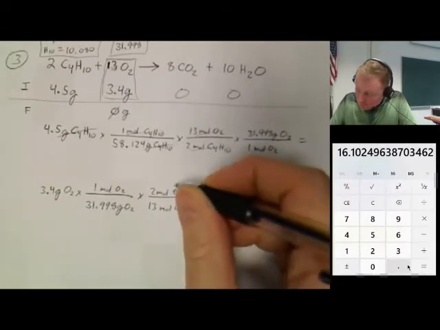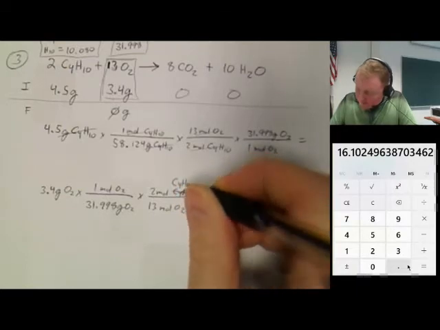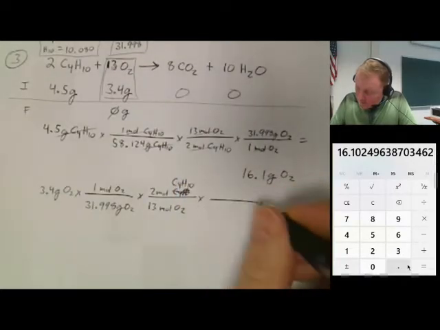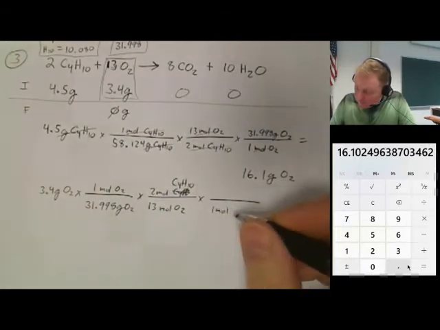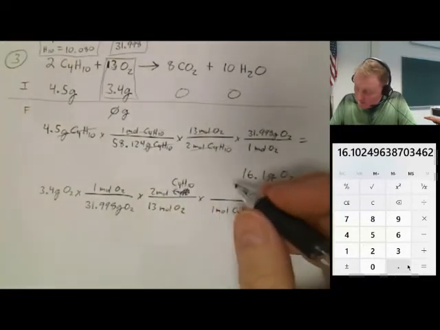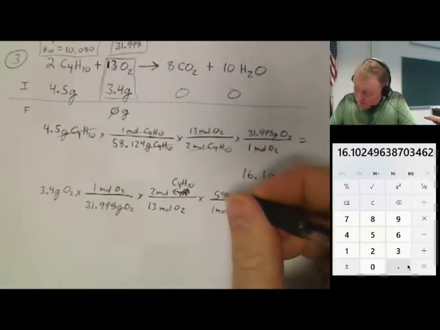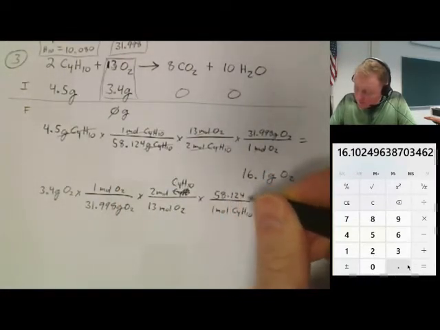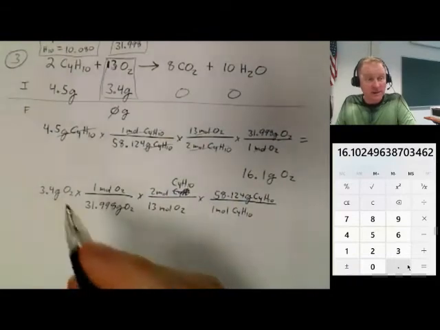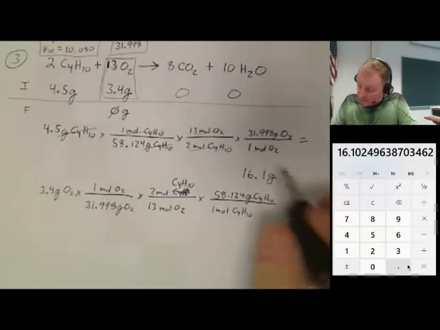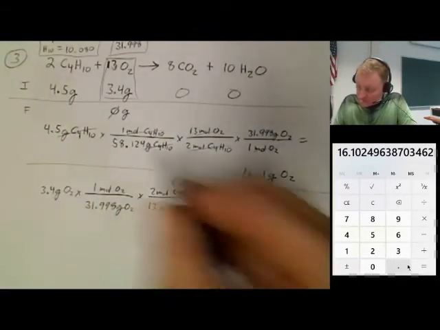This is C4H10. And butane, already did that part. For every 1 mole of butane, we have 58.124 grams of butane. And I already calculated that molar mass, so I get to use that again. So this is step 1 here.